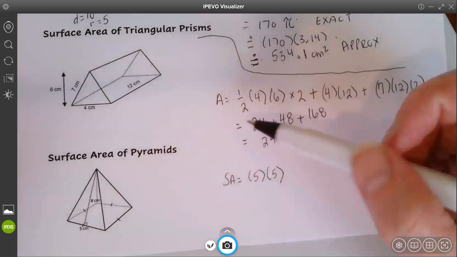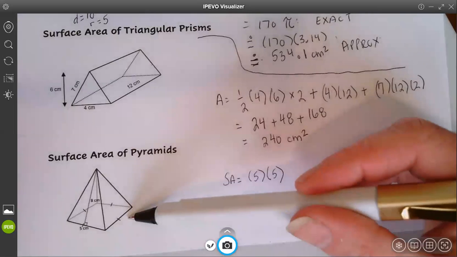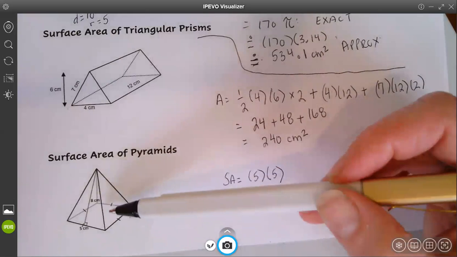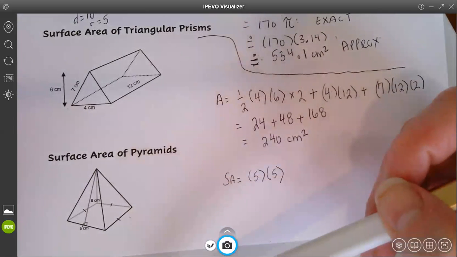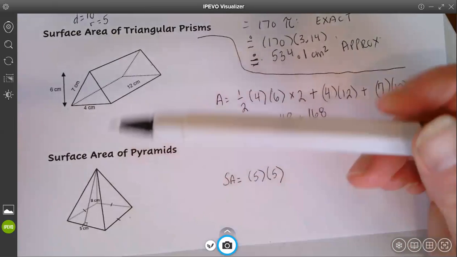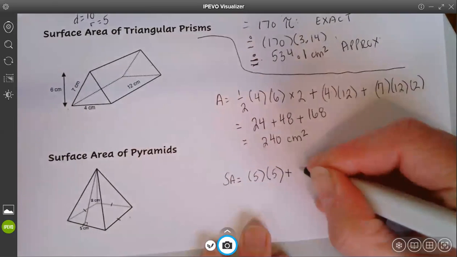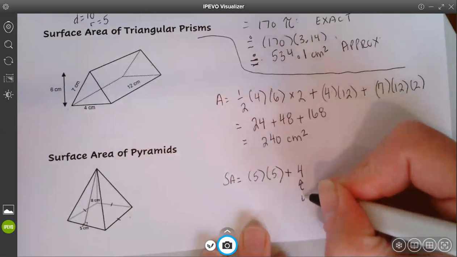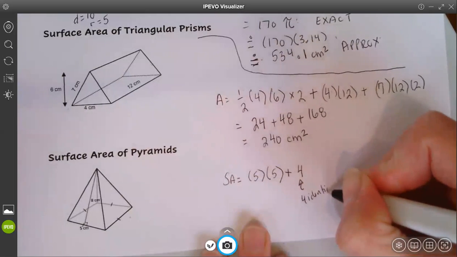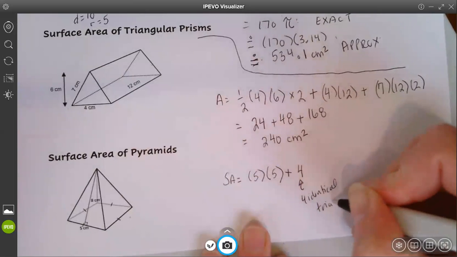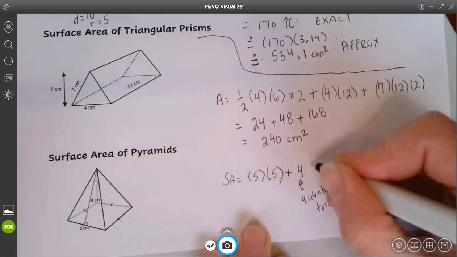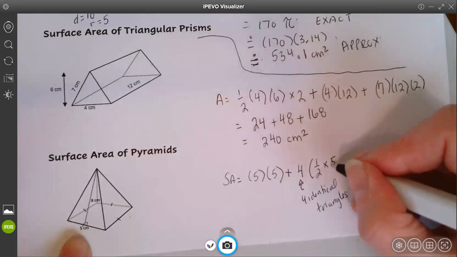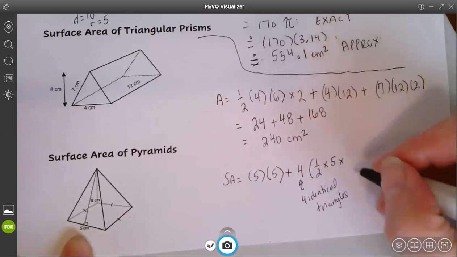Now, because we have a square-based bottom of our pyramid, it means there are going to be 4 identical triangles that make up the other sides. So I'm going to put plus 4 to account for the 4 identical triangles. And the area of a triangle is 1/2 times its base, which is 5, times its height, which is 8.